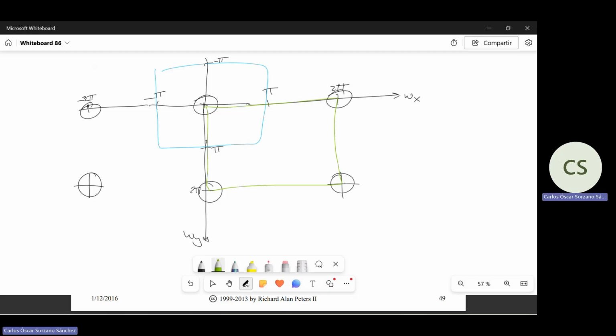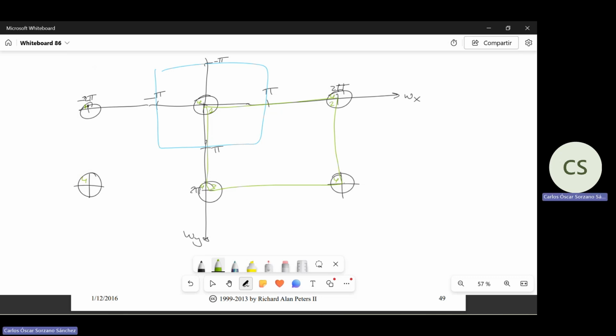Okay, so let's number the different regions of the spectrum as seen by the computer. So as seen by the computer, this is region number 1, this is region number 2, 3, and 4. And if this is 4, this is also 4, this is also 4, this is also 4.